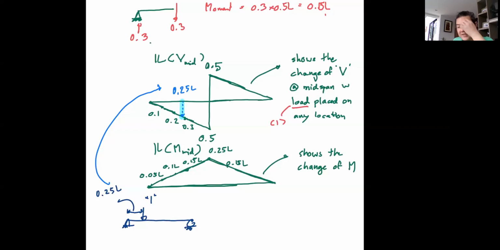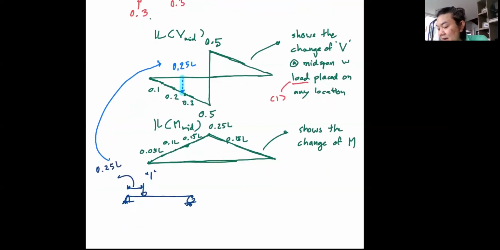And likewise, if the load is here at the location 0.25 L, I want to know how much moment at midspan of this beam is going to be.